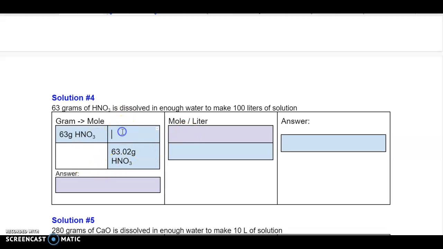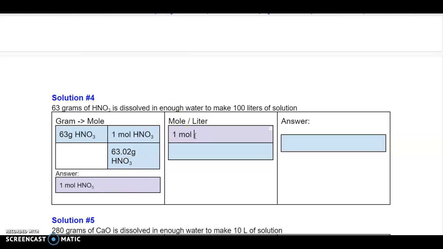That's the molar mass for every 1 mole of HNO3. So if we were to do 63 divided by 63.02, that would give us 0.9996, so we can round that up to 1 mole of HNO3.